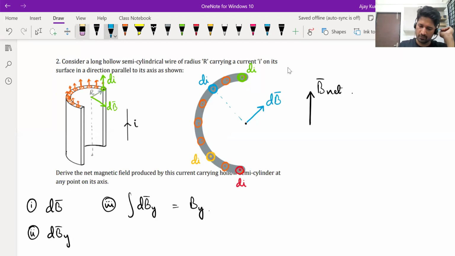Or in the diagram on the left side, let's assume this is the stream of current that we are considering. That stream of current creates a magnetic field this way. How to write an expression for dB?